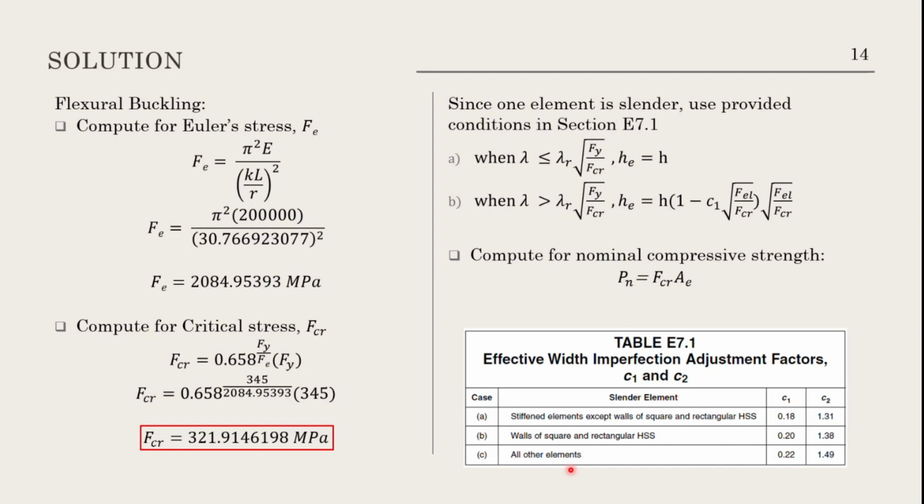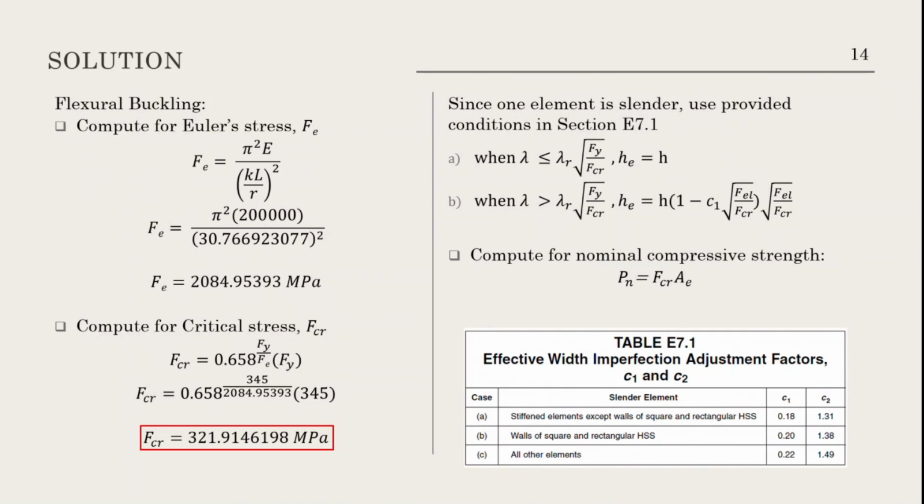So therefore, if you look at the cases, we cannot fall under case A because according to case A, it can only be applied to stiffened elements of all other cross sections aside from the HSS.